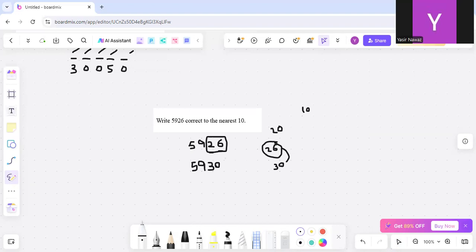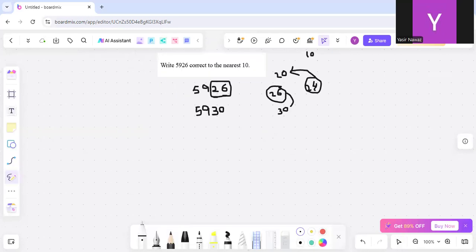If it is near to 20, it will be shifted to 20. Suppose the number is 24, then it would be replaced with 20, because in that case the number would be near to 20, so it should be replaced with 20 instead of 30.